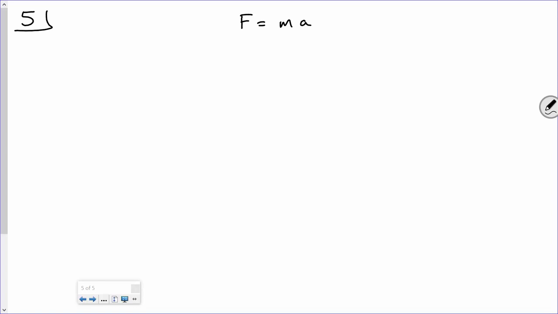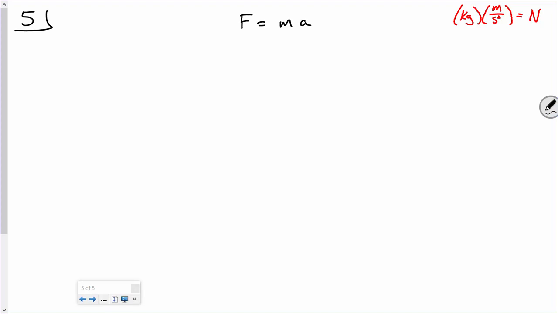The reason is, if I say kilograms and keep all my accelerations in meters per second squared, that gives me newtons.